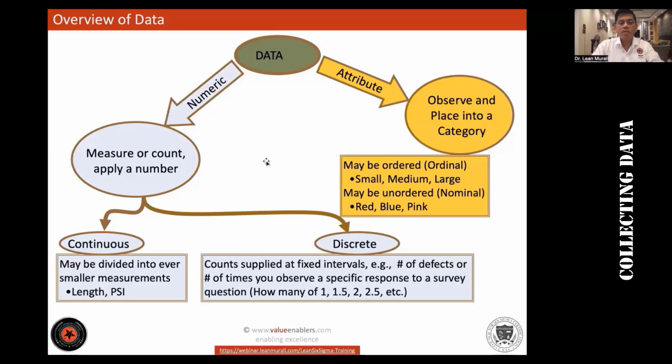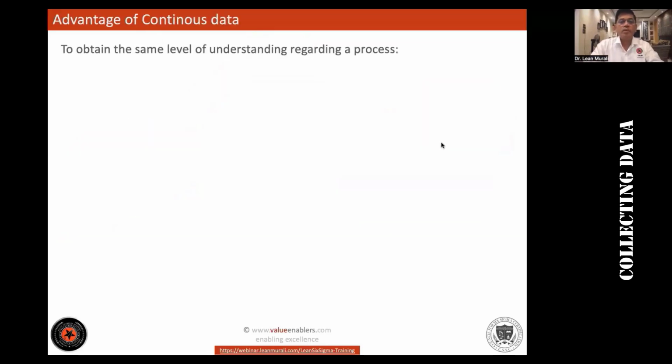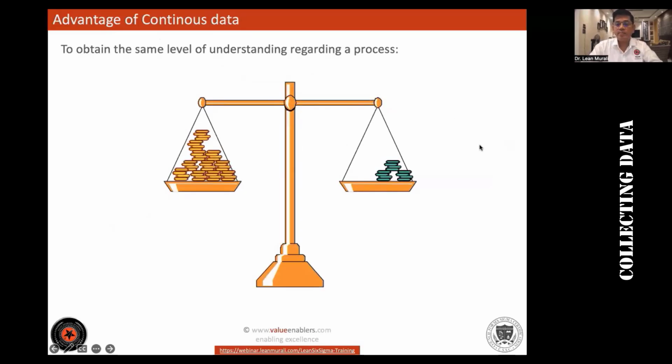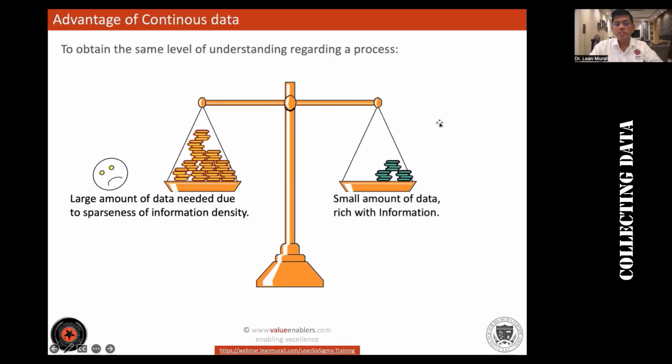Okay. Now, to obtain the same level of understanding regarding a process, let's say there is a balance like this. This is a large amount of data. And on the right side, you see there's a small amount of data, but both of them are balanced. Why?